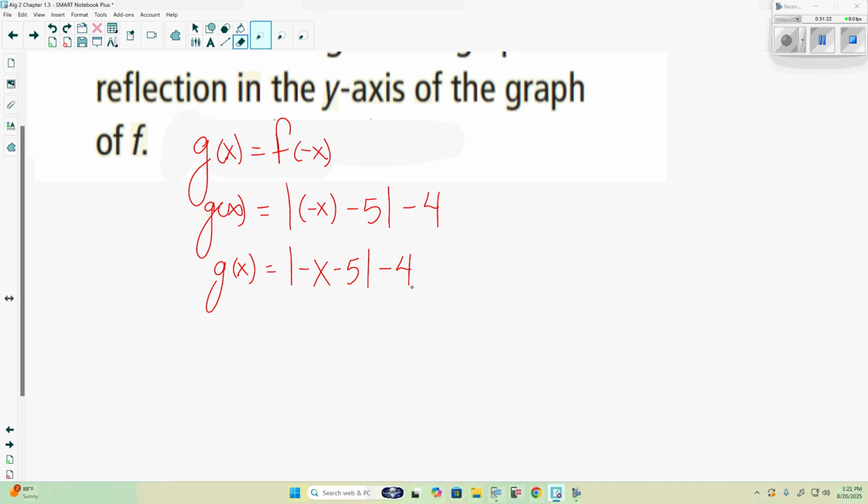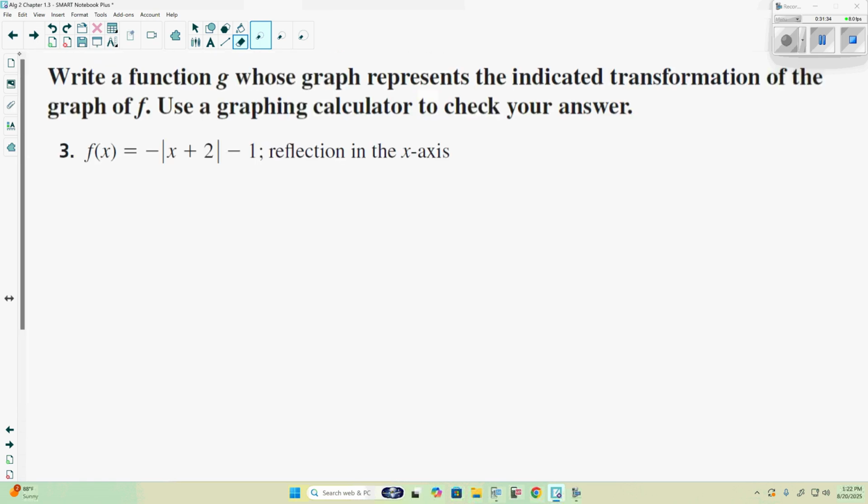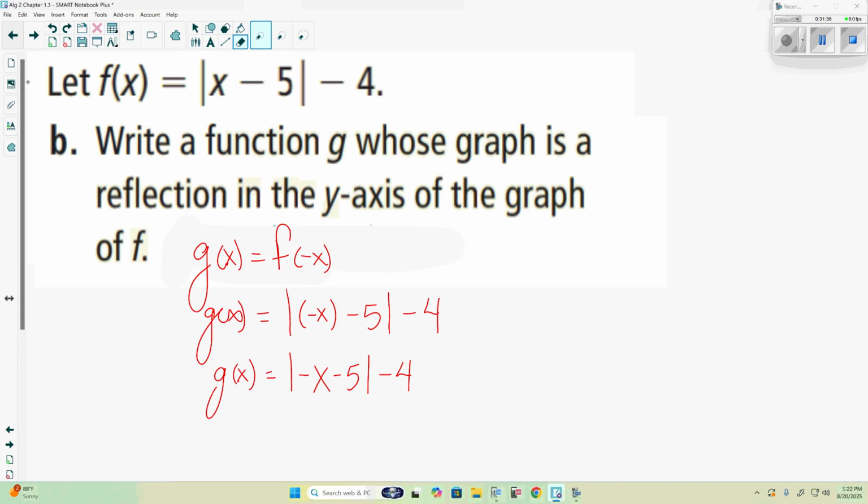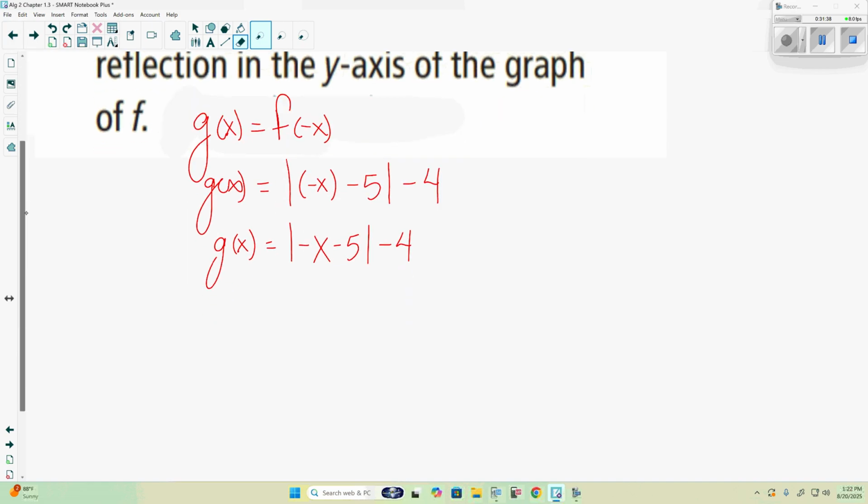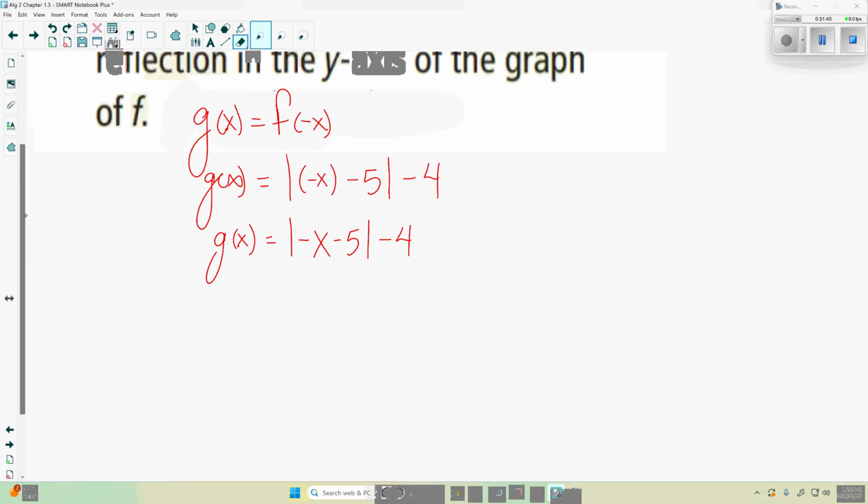Out of the parentheses, we have this here. Questions on anything we've done so far? How do we feel about reflections in the x-axis, y-axis, horizontal translations, up, down, left, right? We feel good about this here?